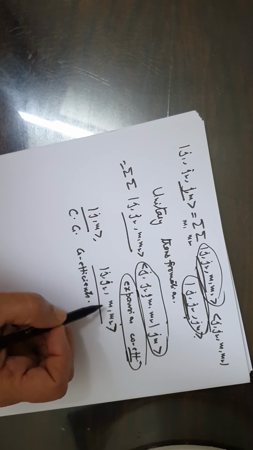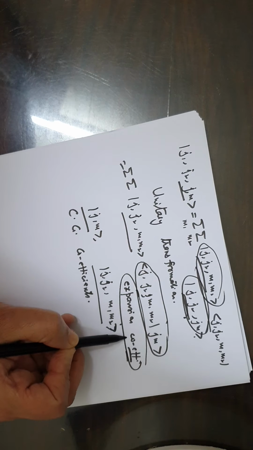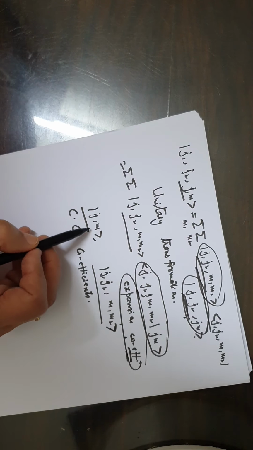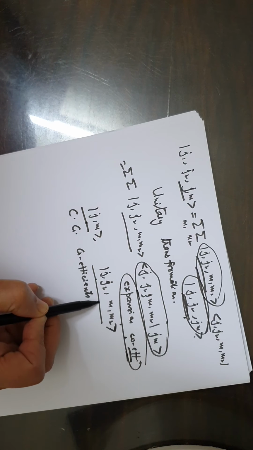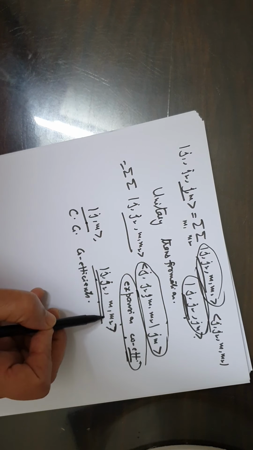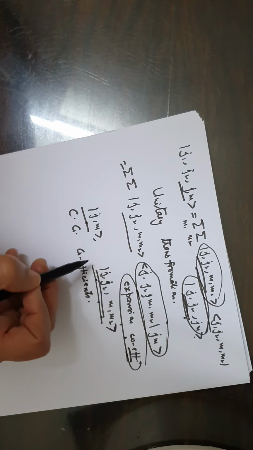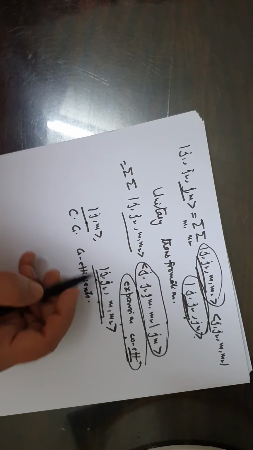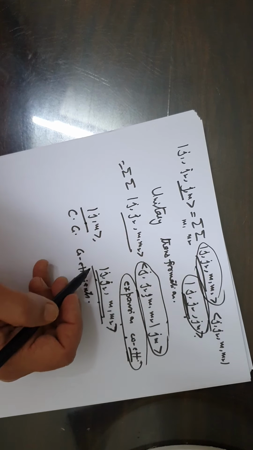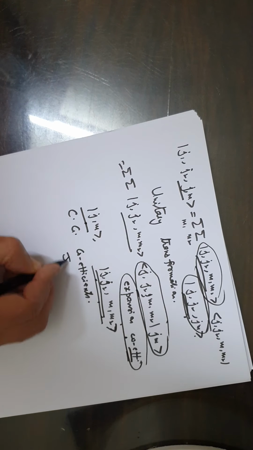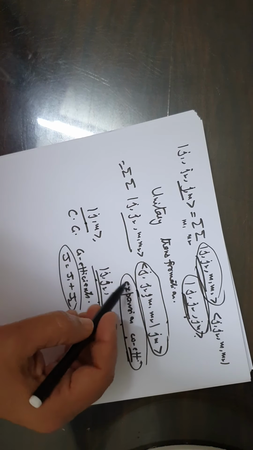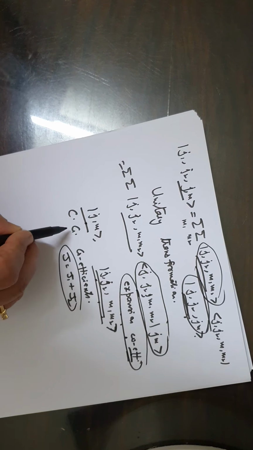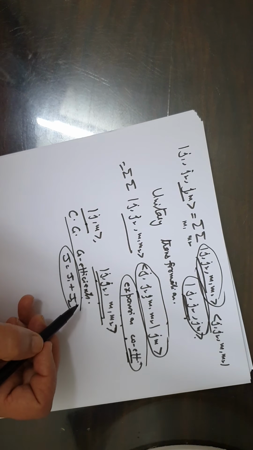CG coefficients are nothing but the expansion coefficients when we write down the state which is due to the sum of these two states in terms of these two states. The problem of angular momentum addition, J equal to J1 plus J2, has now been reduced to finding these expansion coefficients, that is, finding the CG coefficients.